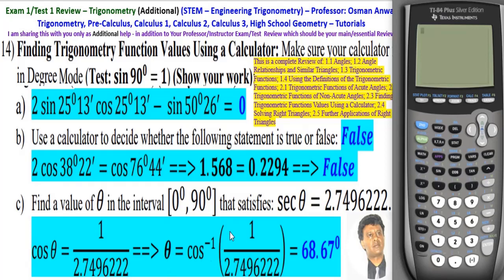Then theta is cosine inverse of that. So we do second cosine inverse of 1 divided by 2.7496222. Hit enter, and here it is 68.67 degree.